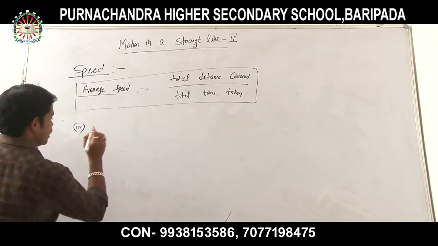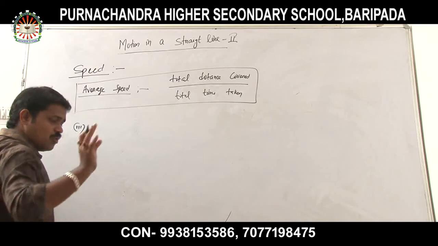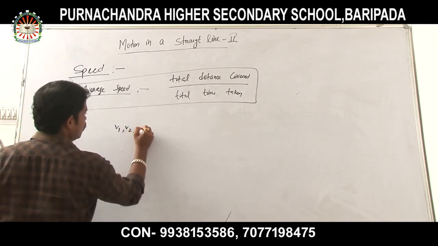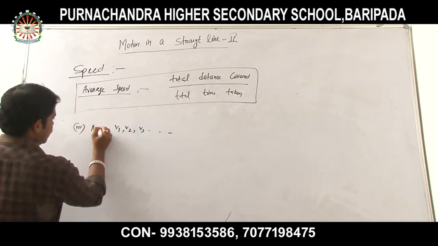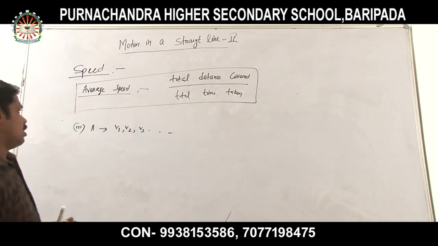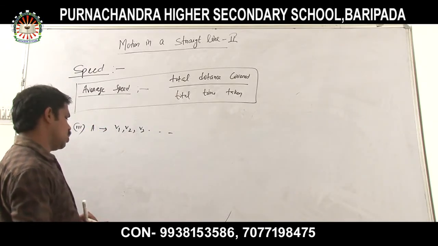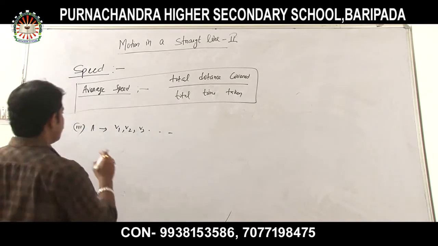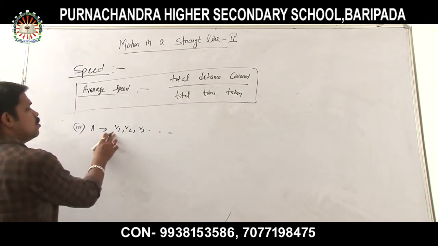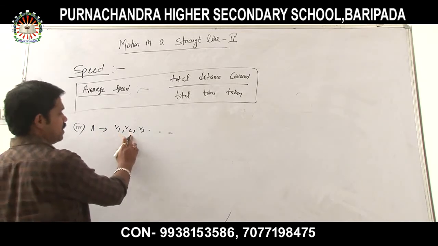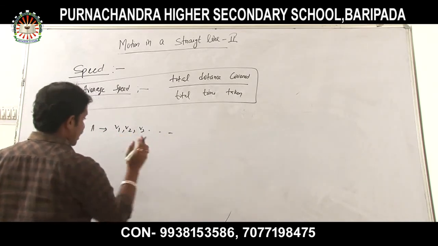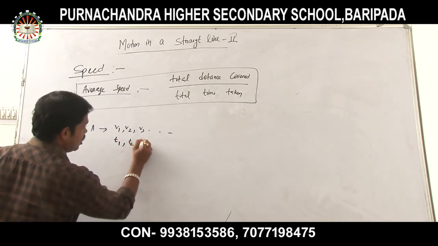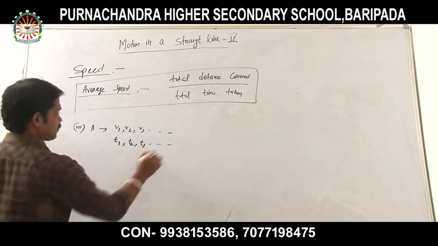If the object is moving with velocity v1, v2, v3, or you can say speed, okay, so if the object A moves with speeds v1, v2, v3, at time intervals t1, t2 and t3 respectively.